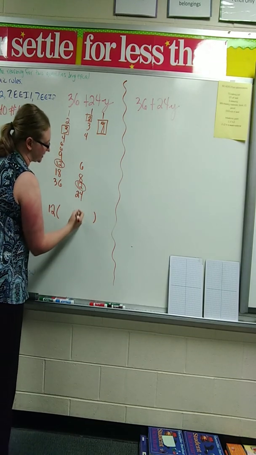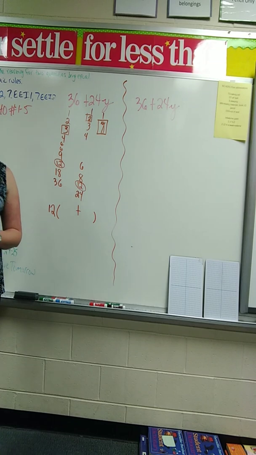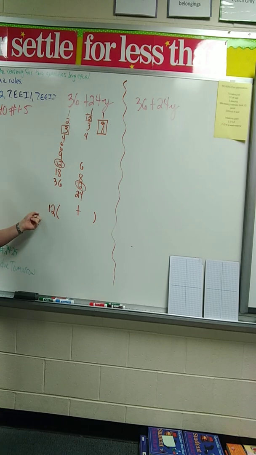Why is 12 on the outside? Because it's the GCF, the greatest common factor. That's the part that goes on the outside. What's circled goes on the outside. Okay?